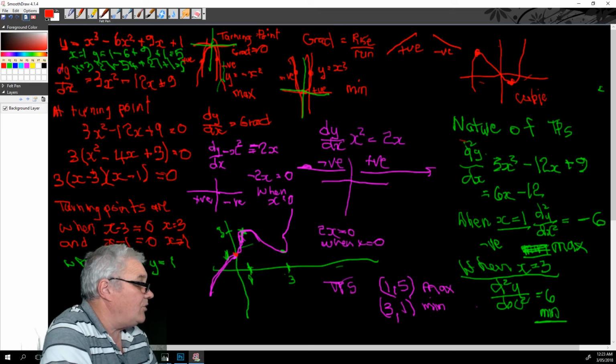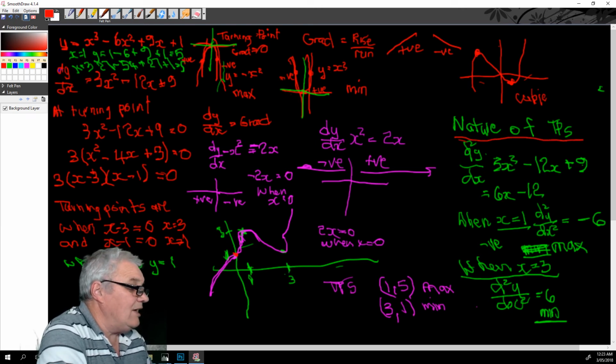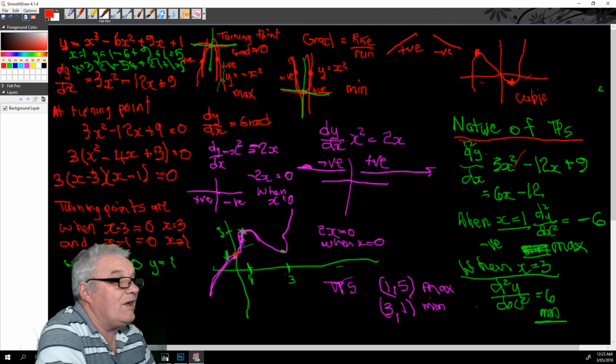And then we looked at the nature of the turning points over here, and so we differentiated this here to give us d2y over dx squared.